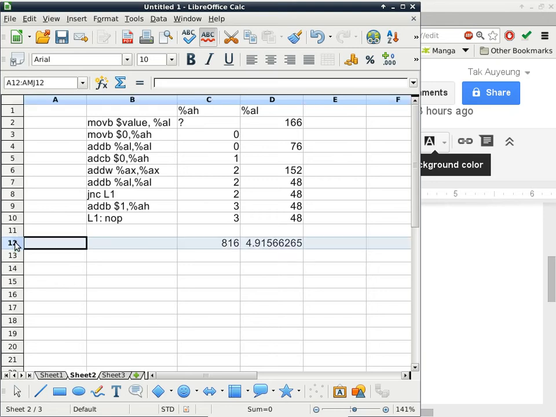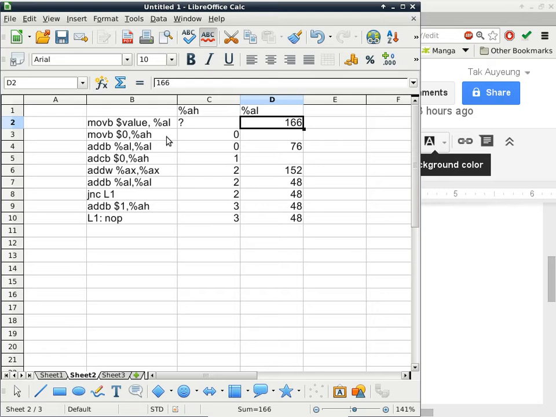I messed up something here. Okay, let's start again. This is 166. This is 0. And this is 2 times 166 mod 256, which is 76. We put 1 here. Okay, let's just double check. 1 times 256 plus 166, 422.